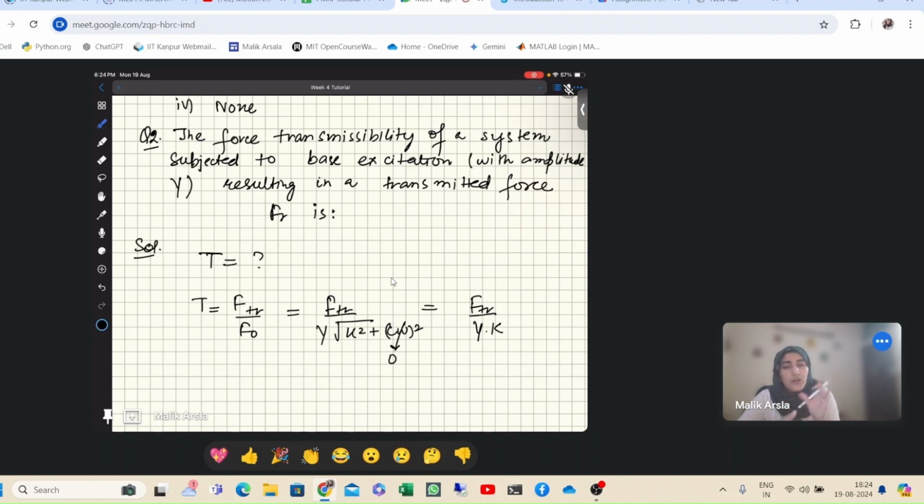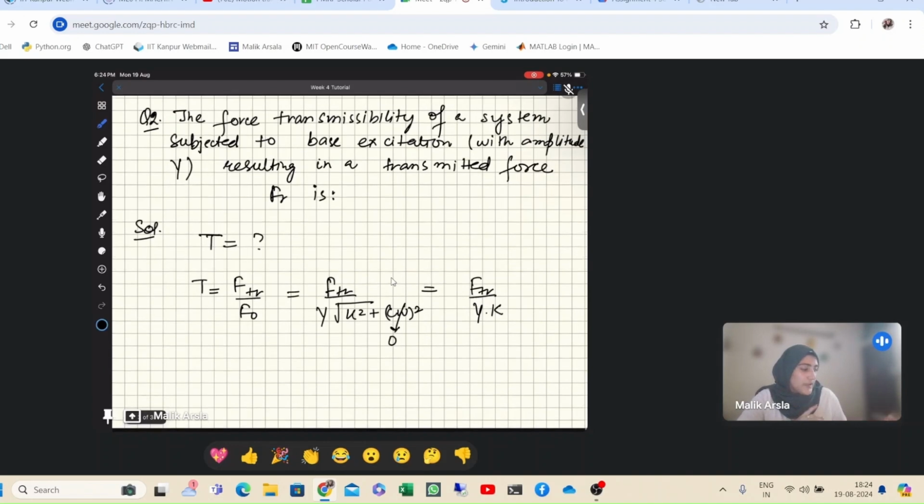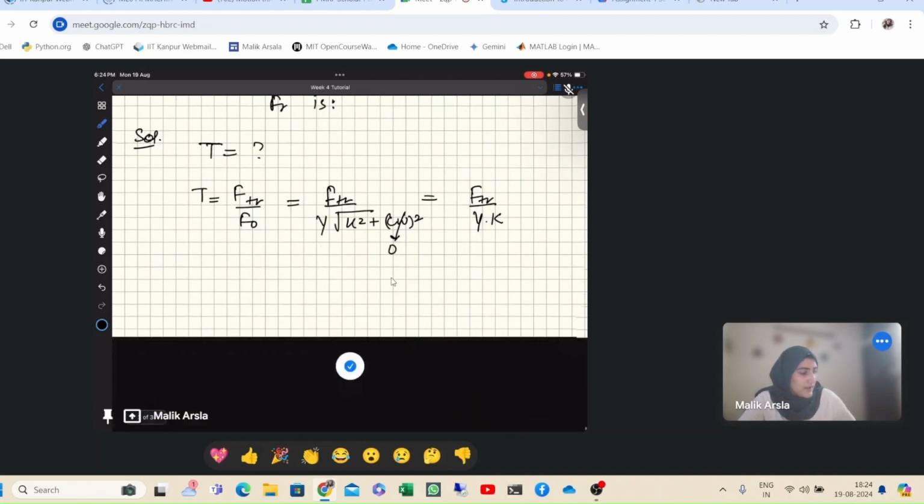That will occur in the governing equation for this system, and from there you can compare it with the force F naught sine omega t, and you can see that F naught sine omega t is equivalent to y into under root of k square plus c omega square into sine of omega t minus phi. So you get this formula from there. It has been covered in the video, so there is no need to discuss it again here. You can simply use the formula directly like this.